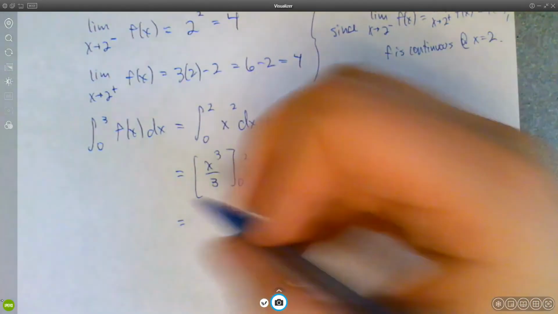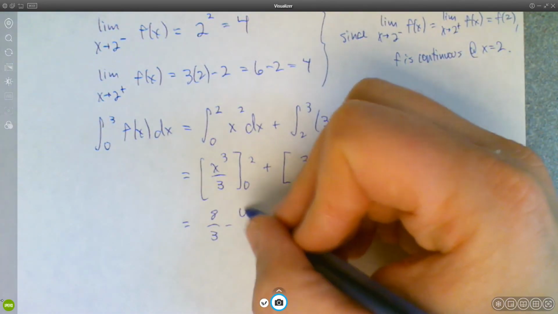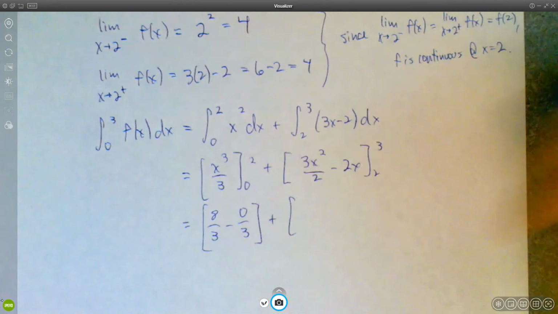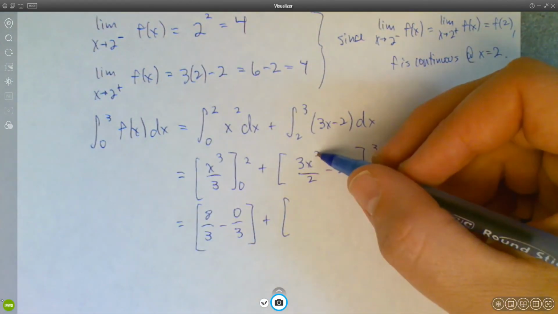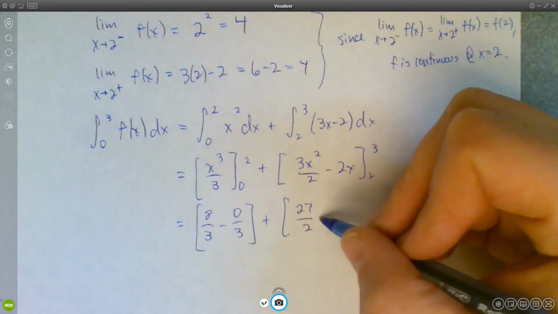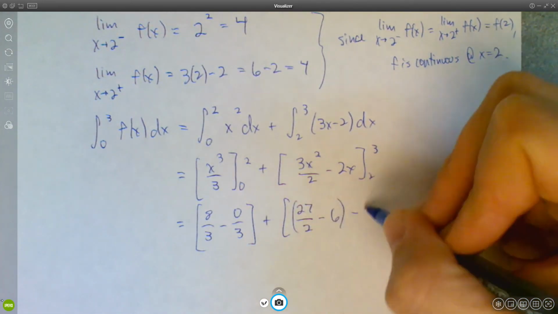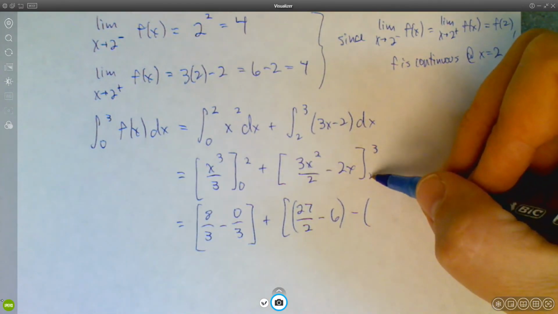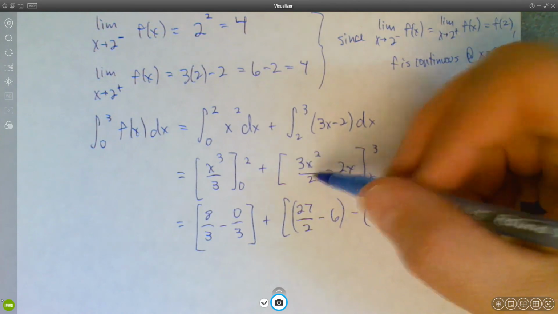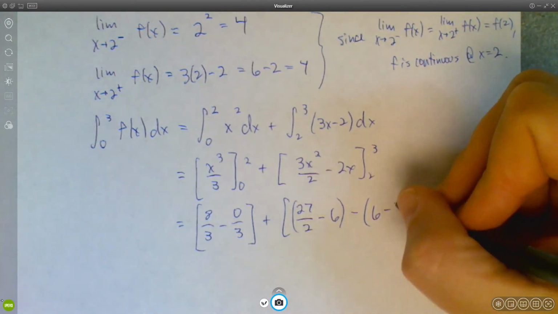So we're going to get 2 cubed over 3 minus 0 over 3, plus 3 squared is 9, times 3 is 27, so 27 over 2, minus 6, minus 2 squared is 4, times 3 is 12, 12 divided by 2 is 6, minus 2 times 2 is 4.